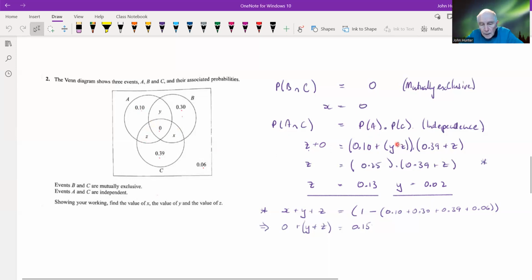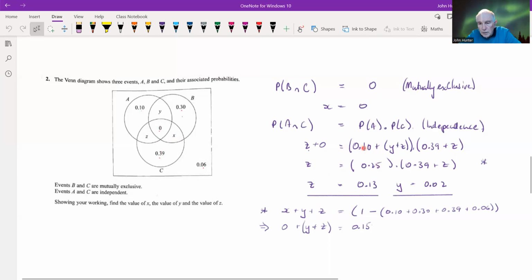And then the probability of C is 0.39 plus Z plus X, but we know that X is 0, so that's just Z. So 0.39 plus Z is the probability of C. Okay. So therefore the probability of Z is equal to 0.25.